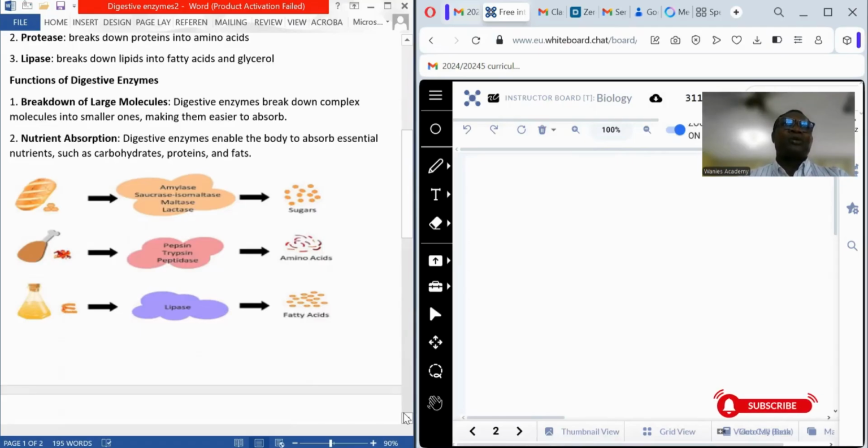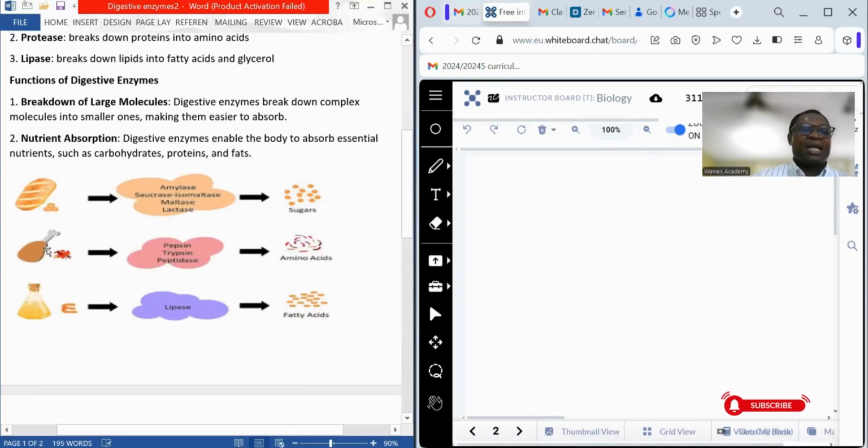Digestive enzymes also aid in the absorption of nutrients. So the nutrients cannot be absorbed until they are broken down through the action of enzymes. So when the enzymes allow the solid food substances to be broken down, then the nutrients are absorbed in a more simpler form.